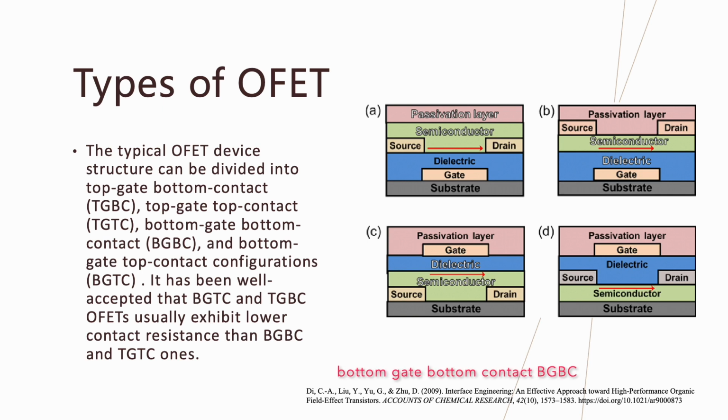Bottom gate, bottom contact, BGBC. And the bottom gate, top contact, BGTC. It has been well accepted that BGTC and TGBC OFETs usually exhibit lower contact resistance than BGBC and TGTC.